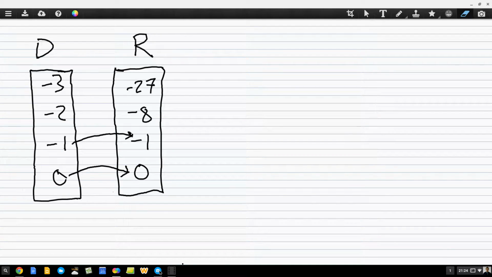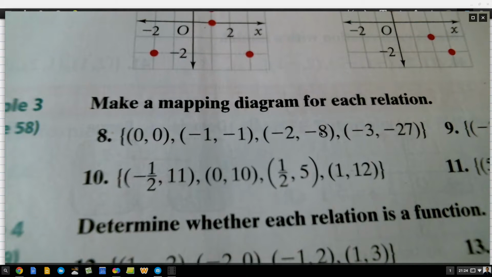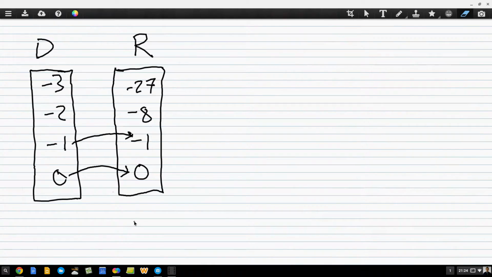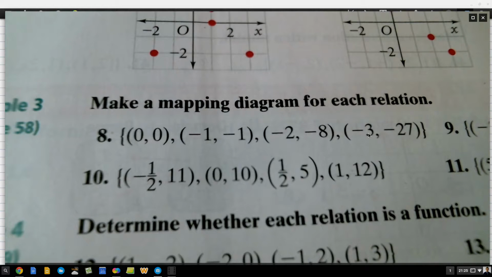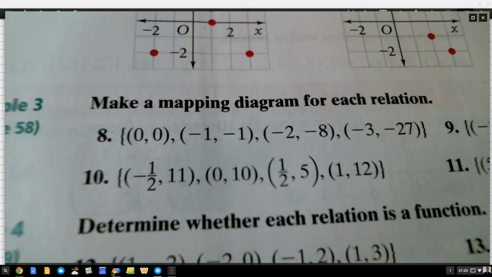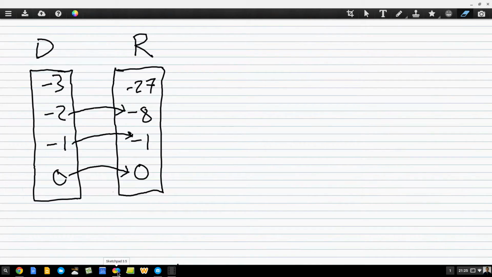And then after that, we have -2, -8. That's the pair. So -2 goes to -8. And then finally, we have -3 goes to -27. Okay, so we have -3 here goes to -27. And that will be our answer for number 8.